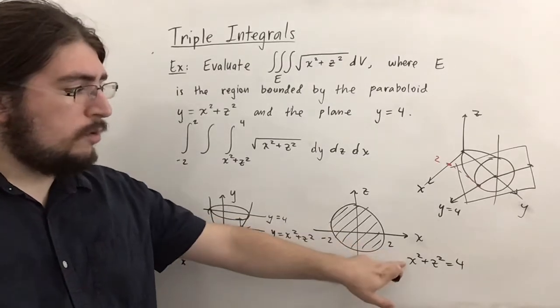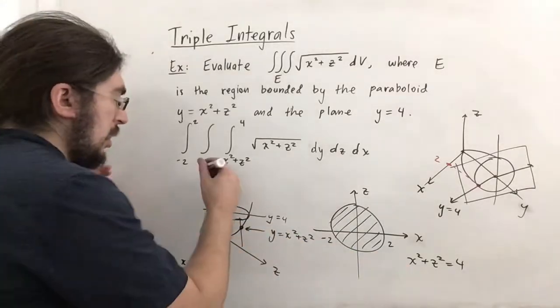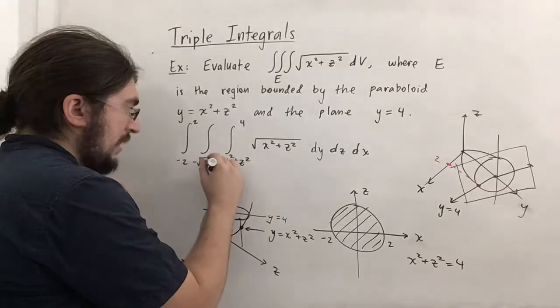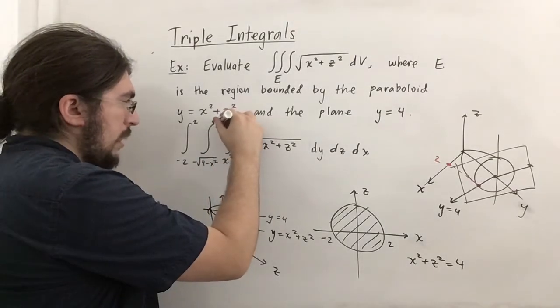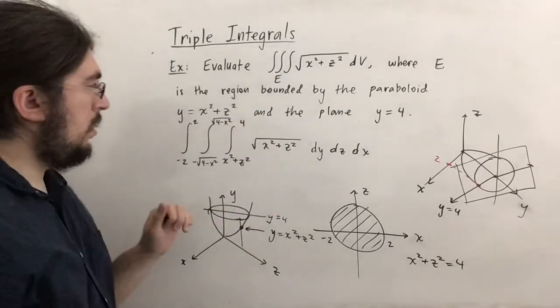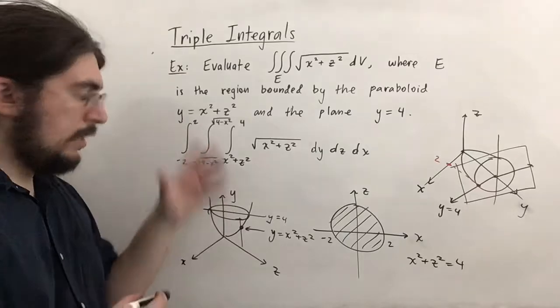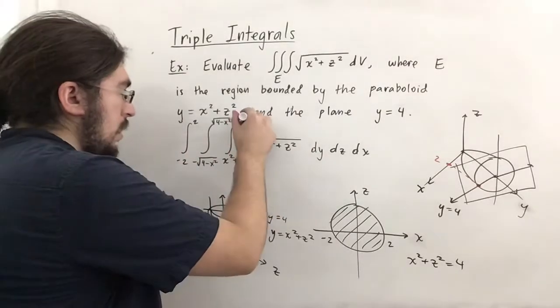It's going to be the square root of 4 minus x squared, but it's plus or minus if you solve for z here. You can try that on your own, but you get negative radical 4 minus x squared for the lower limit, and positive radical 4 minus x squared for the upper limit. Okay, I know it's a lot to look at, but anyways, let's focus on the first integral here. This guy.